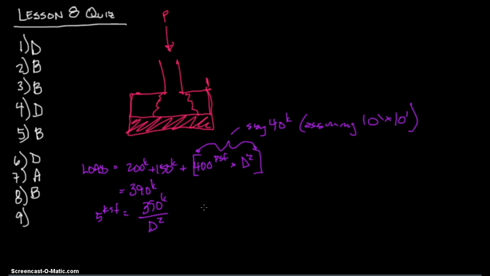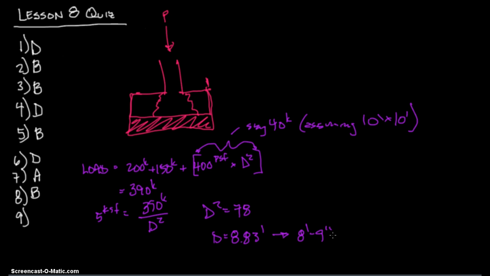All right, so D squared is going to equal 390 divided by 5, 78. The square root of 78 equals 8.83. And let's round up to 8'9".